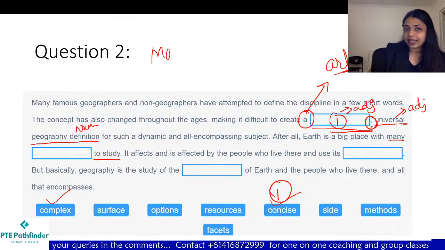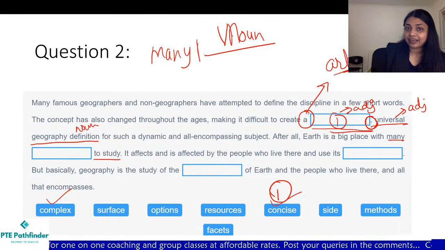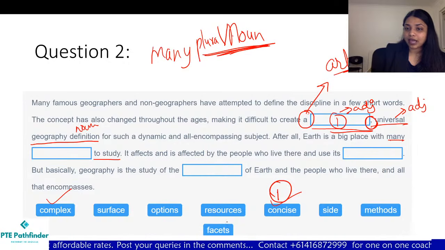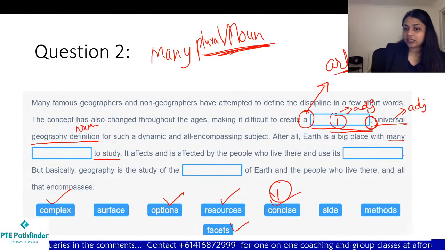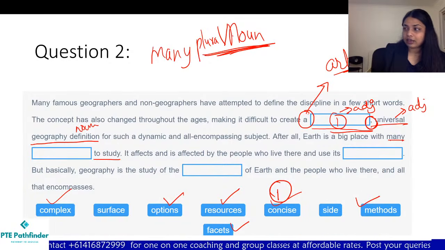If you have a blank after many, it's always followed by a noun, and that noun needs to be in plural form. So a plural noun. And if you look at the answer options, we have words like resources, options, facets, and methods.